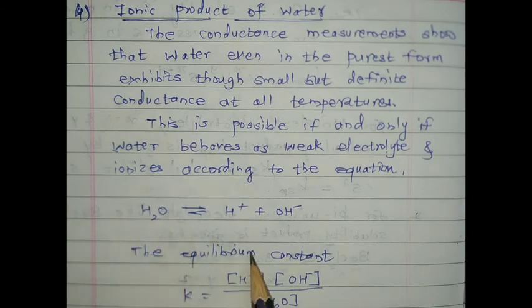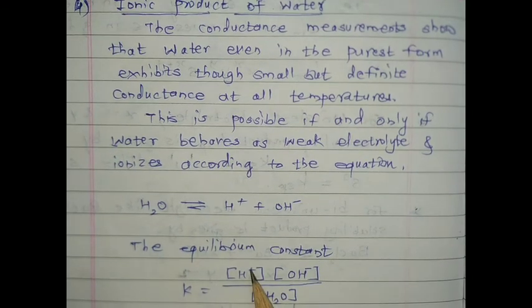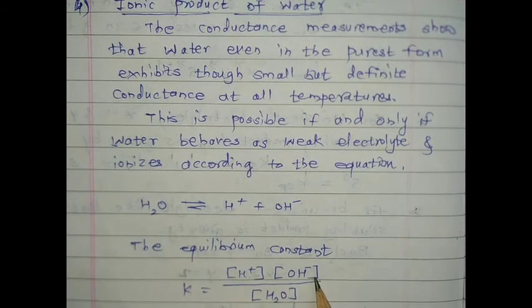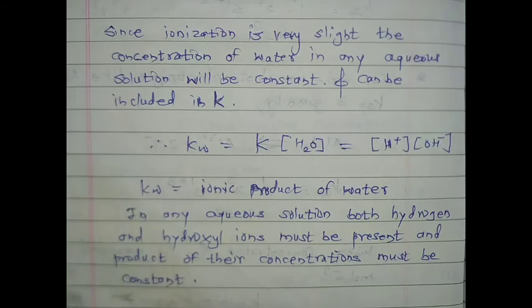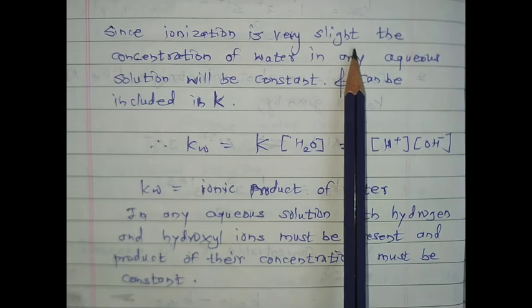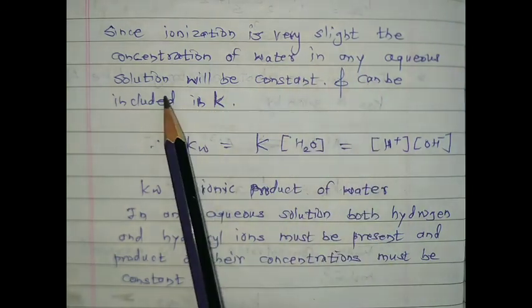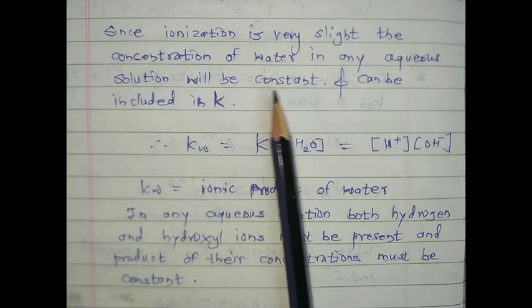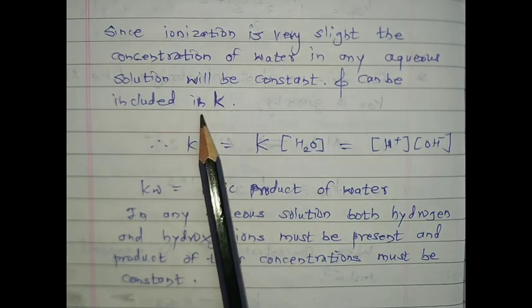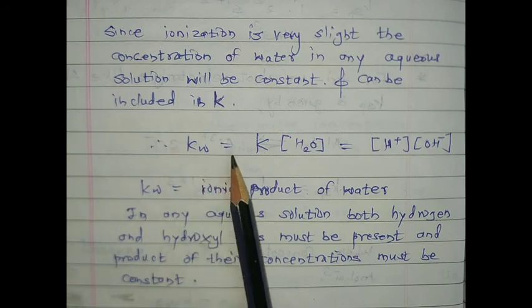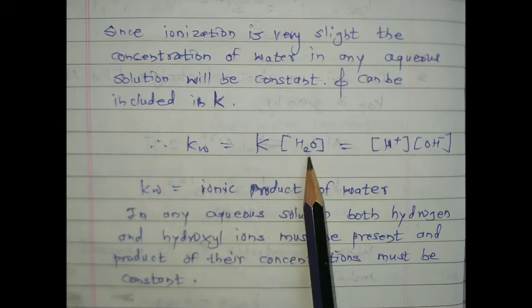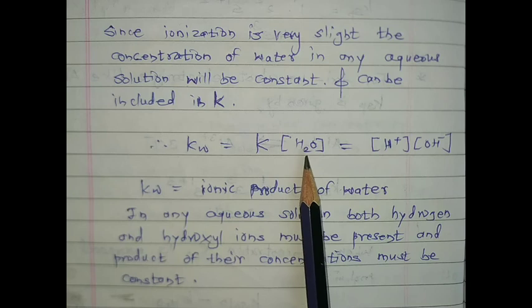So the equilibrium constant is K equal to concentration of H plus into concentration of OH minus upon concentration of H2O. The ionization is very slight, so the concentration of water in any aqueous solution will be constant and can be included in K. So Kw equal to K into concentration of H2O.